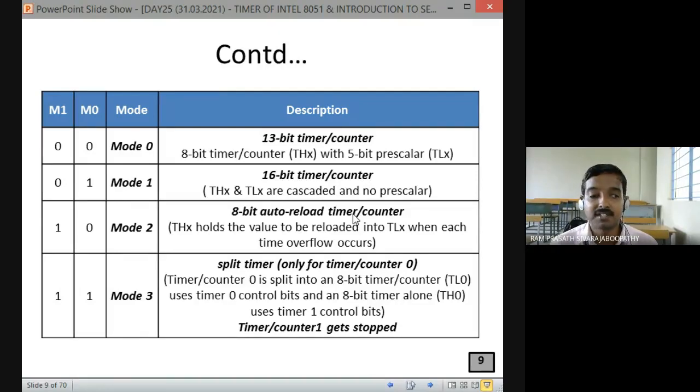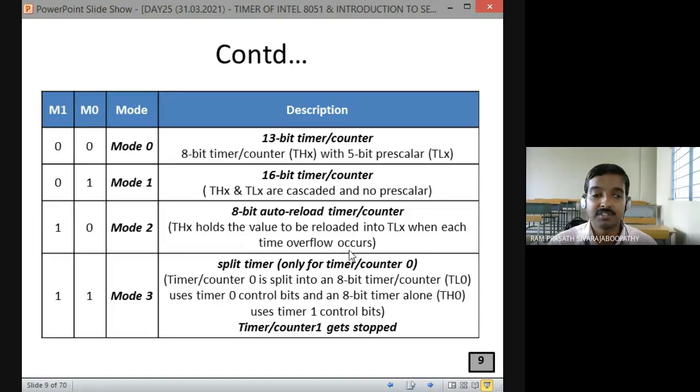One 8-bit register, THx, is used to hold the count value to be reloaded, and TLx works as the timer. So TH and TL are the two parts. THx is used to hold the count value, and TL0 or TL1 works as the timer/counter register.